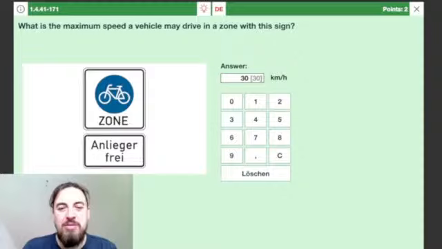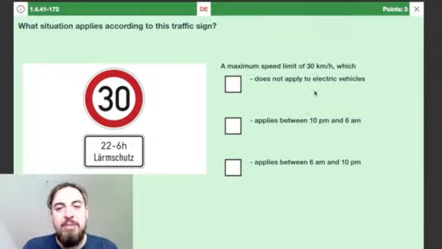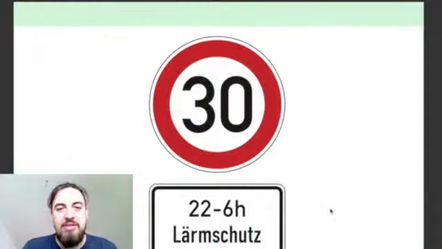Correct. Okay. What situation applies according to this traffic sign? A maximum speed limit of 30 kilometers per hour, which does not apply to electric vehicles, applies between 10 p.m. and 6 a.m., applies between 6 a.m. and 10 p.m. All right, let's have a look.